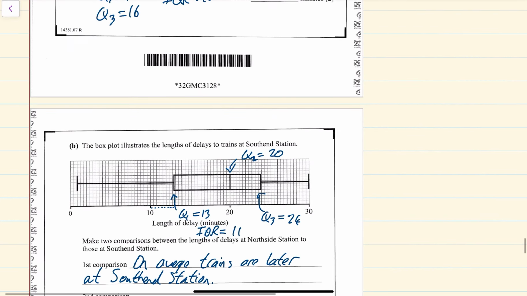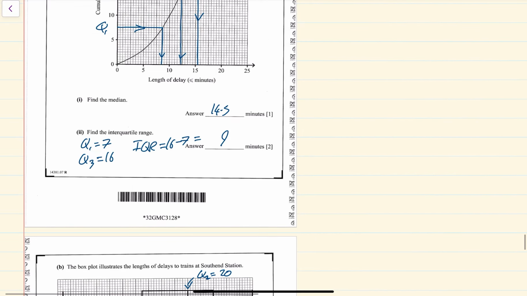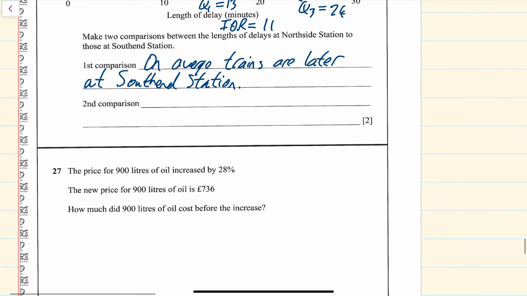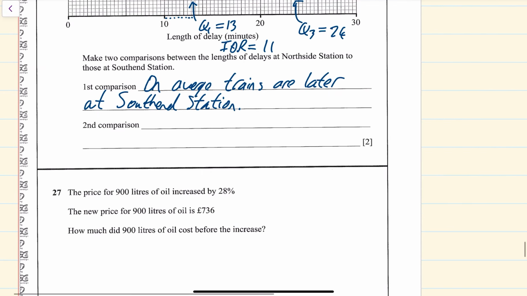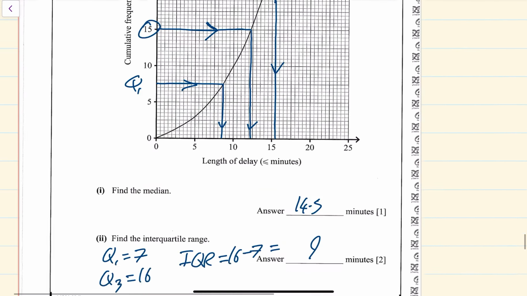The interquartile range is smaller at the first one. So we'll say smaller IQR at, what was the first one called? Northside.